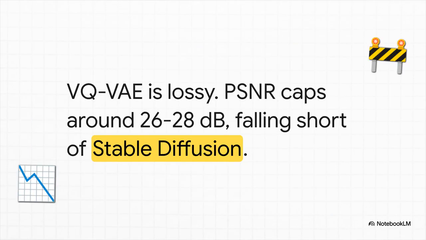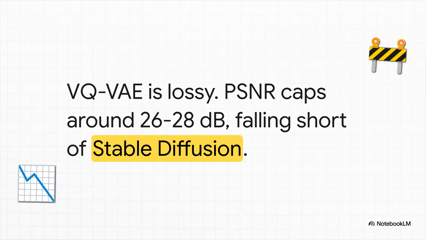But of course, there's a catch. The VQ-VAE tokenizer we discussed is inherently lossy. When you compress a high-resolution image into just a handful of tokens from a vocabulary of 8,192, you are inevitably going to hit a quality ceiling. The reconstruction metric, called PSNR, caps out around 26 to 28 decibels.